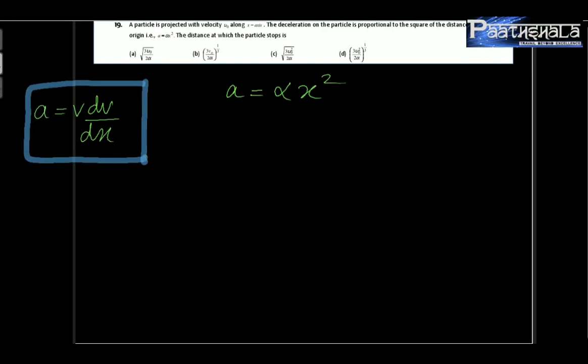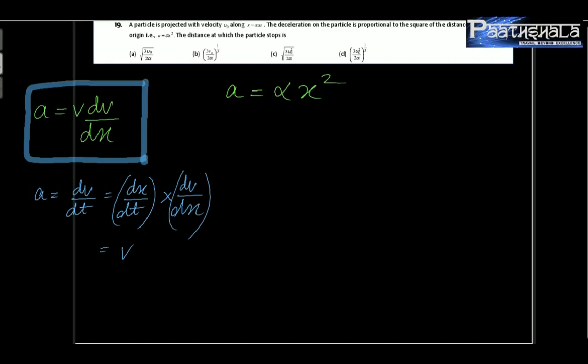Acceleration is equal to dv by dt, which using the chain rule of derivatives we can say is dv by dx into dx by dt. And dx by dt is nothing but v, so it is v into dv by dx.